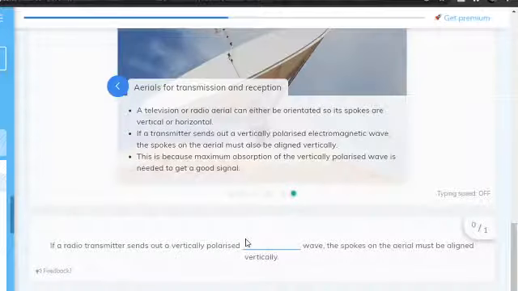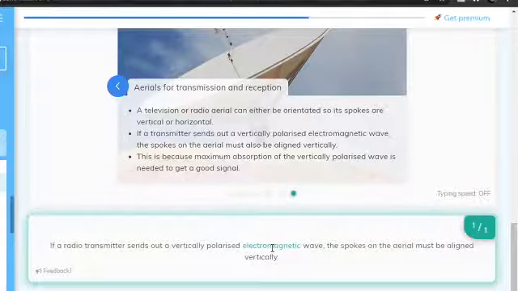Simple. If a radio transmitter sends out vertically polarized transverse waves, theoretically it was the same difference.